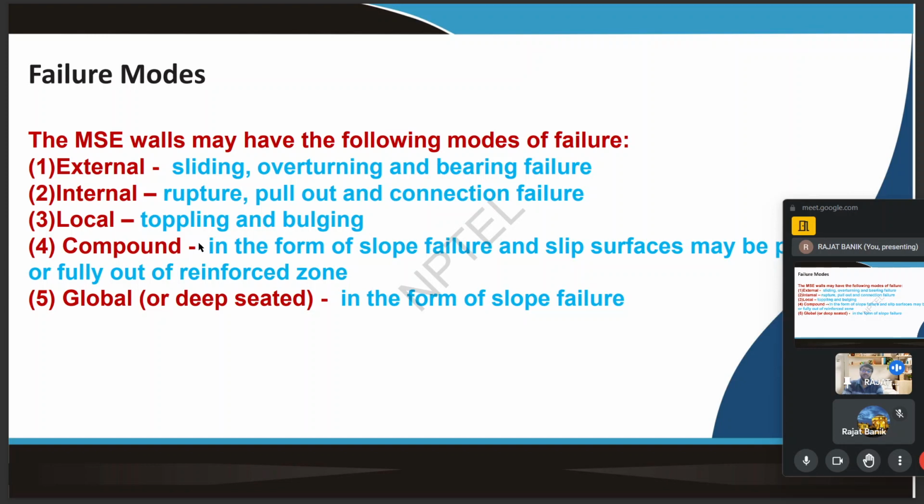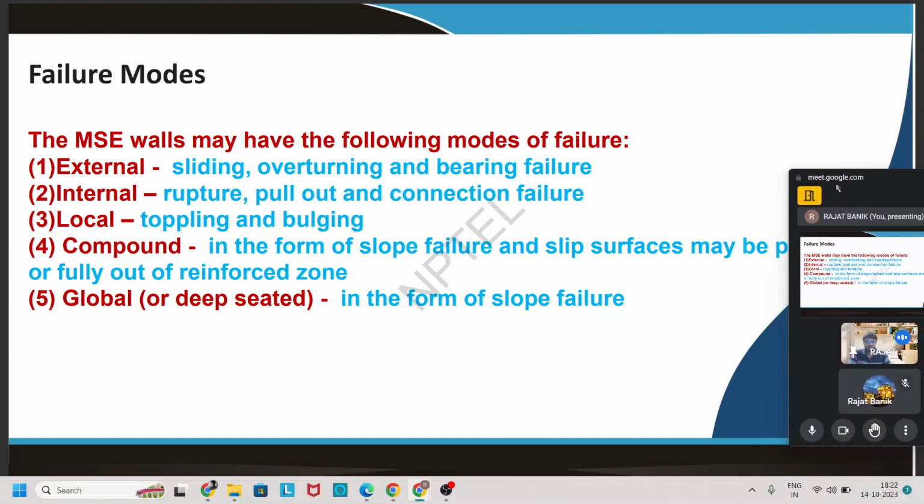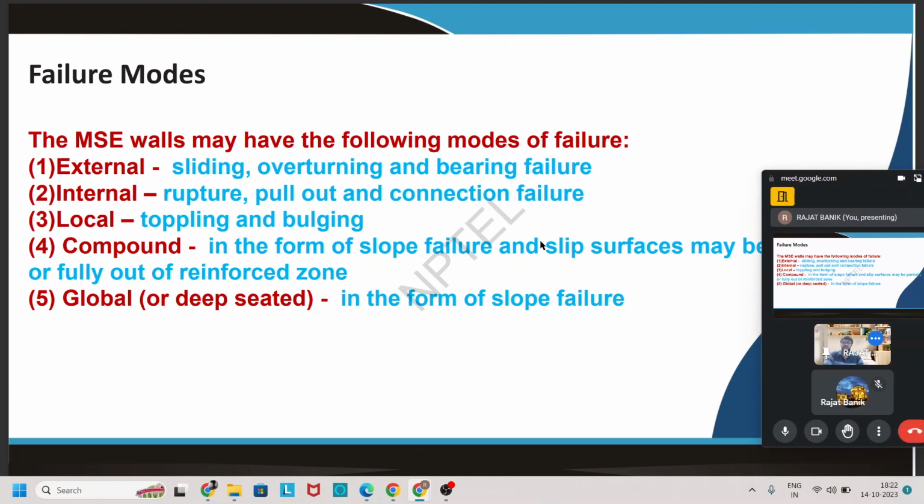In external failure, we discuss sliding, overturning, and bearing capacity failure. In internal failure, we discuss rupture, pull out, and connection failure. In local failure, we discuss toppling and bulging. In compound failure, we discuss partial slope failure or slip failure, and in global failure we discuss some form of slope failure.